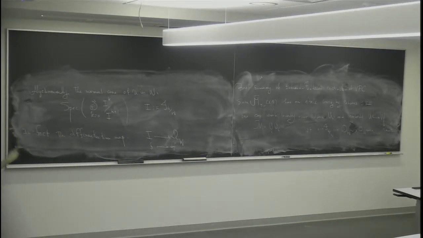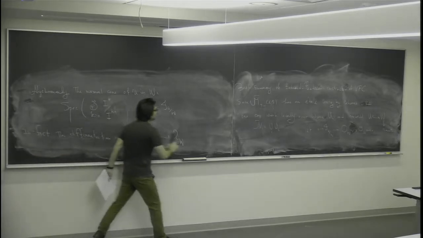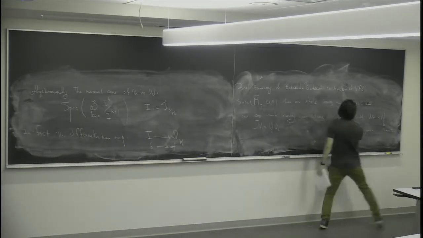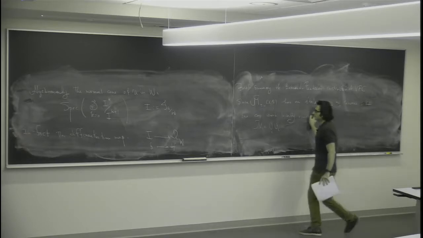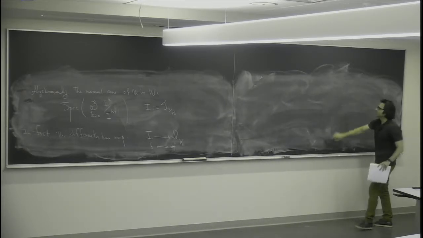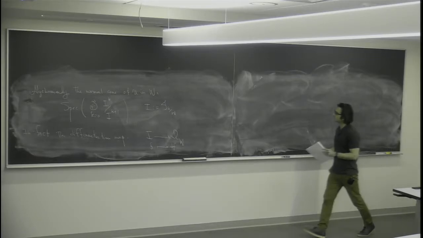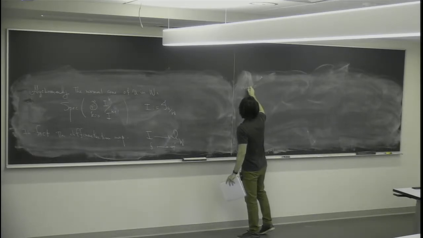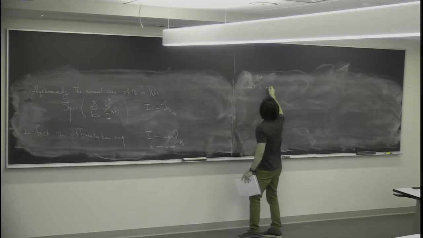Now if you take the spectrum of these two things, the spec of this is a surjective map. You take the spec of this, and that. So what is this?